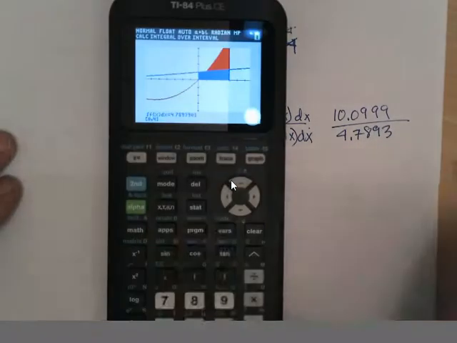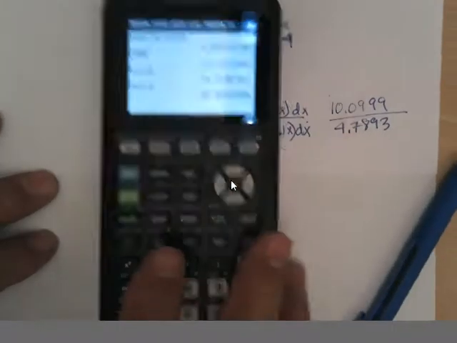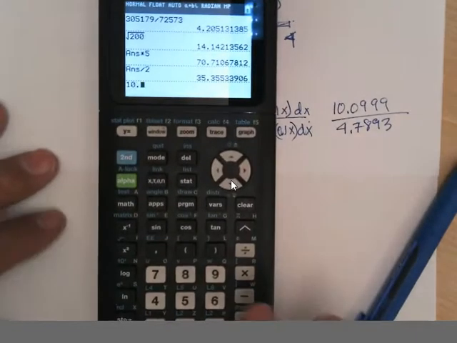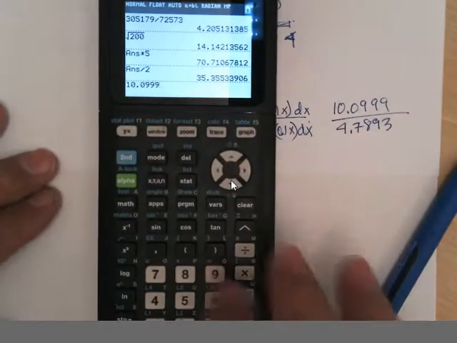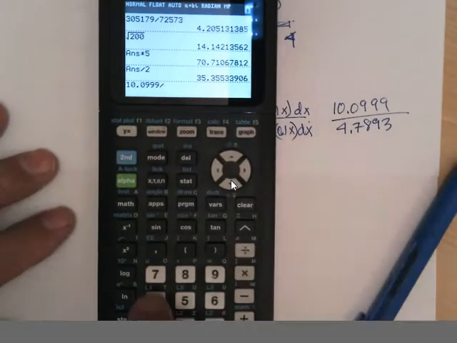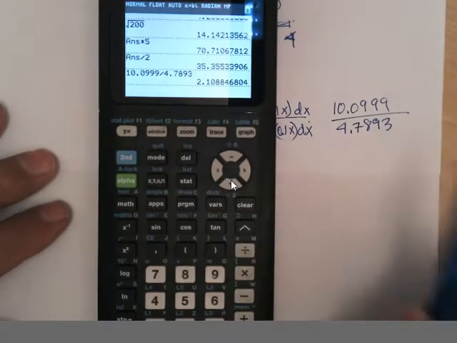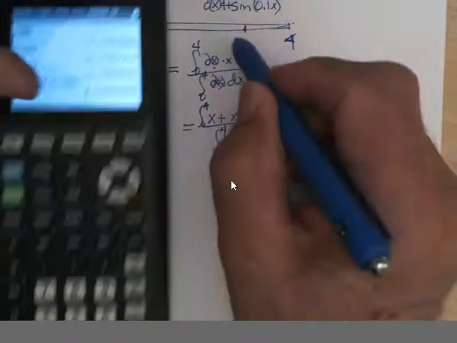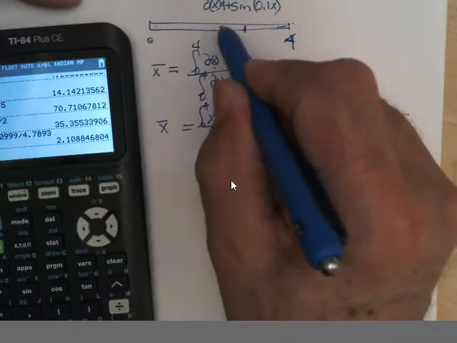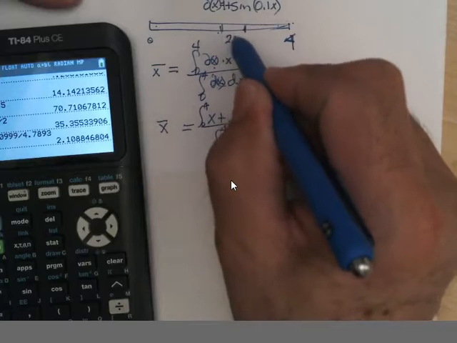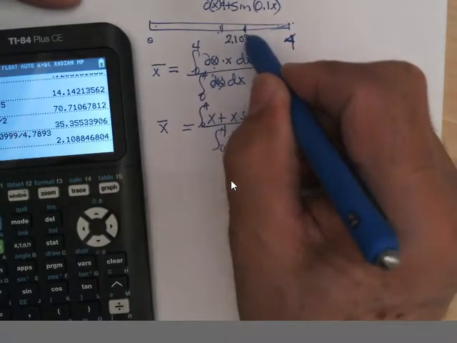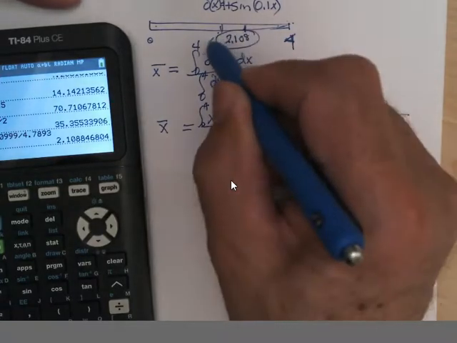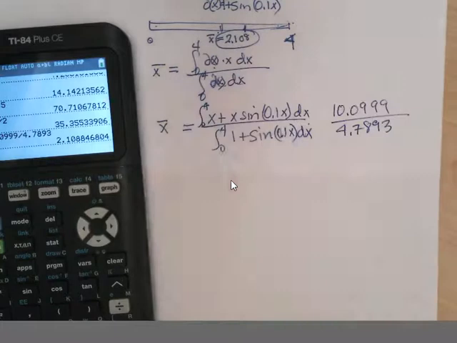So I'm going to divide those. 10.0999 divided by 4.789.3, and I get 2.01. So it's just past the middle, 2.108 is the center of mass.